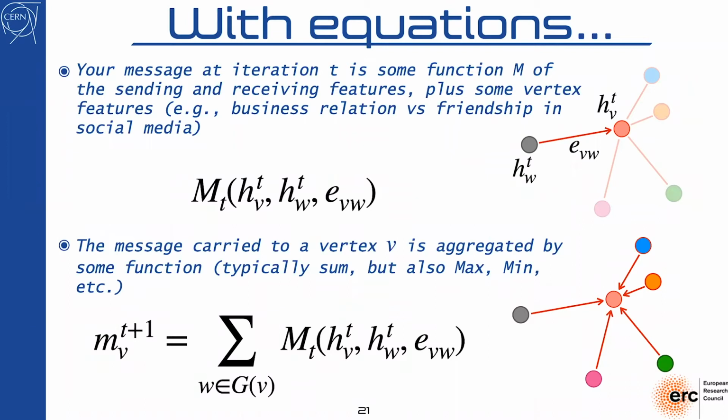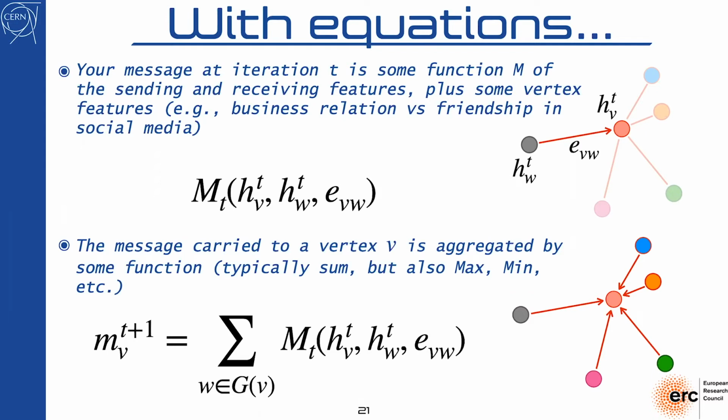So you start at some iteration t, that could be t equals 0, with your initial information about a given element of the graph. And then you create the next iteration, the next representation of the very same object, gathering, in this case through a sum function, all the messages from the other vertices that this vertex is connected to.